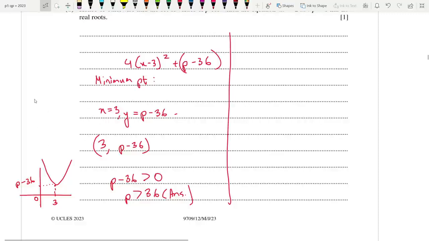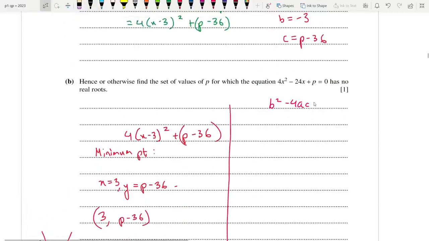If it was a maximum curve, then we need to write, P minus 36 needs to be less than 0. Next, b squared minus 4ac root is less than 0. What is b? Minus 24.